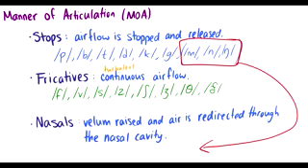Of course, you're not doing this consciously, it just happens. The airflow goes through the nasal cavity. So we let the air flow through our nose instead, and those are nasal sounds. So those are the big ones. There is one more sound that I'll get to in a little bit.